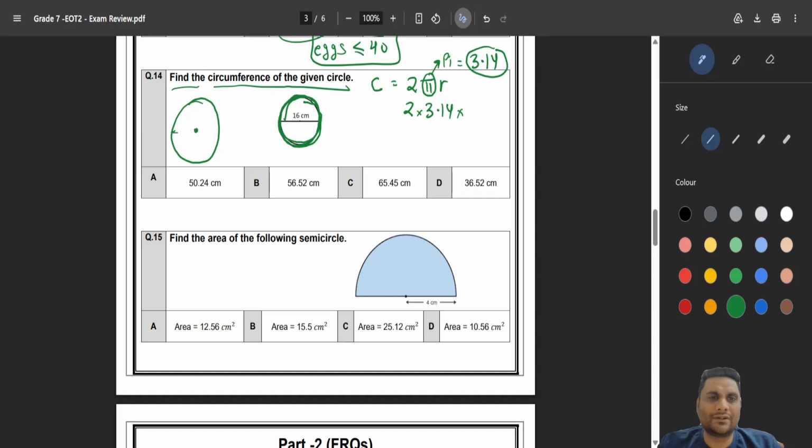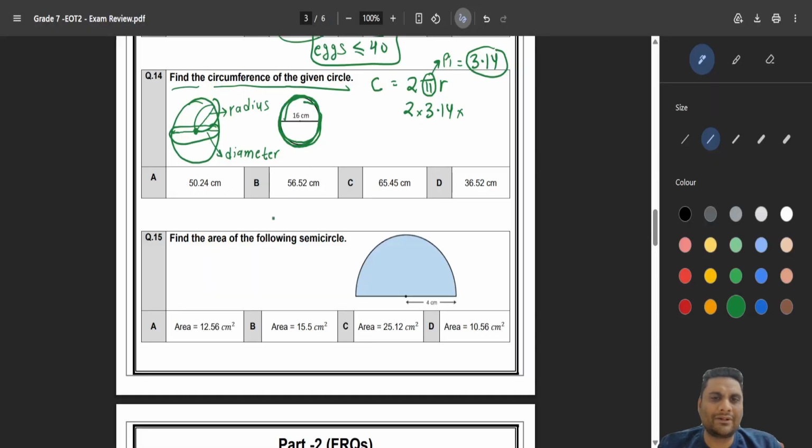If a line starts from the boundary, touches the center and goes to the boundary again, we call it diameter. What do we call it? Diameter. But if a line starts from the center and goes to the boundary only, this half line, we call it radius. What do we call it? Radius. As you can see here, the radius is half of the diameter, correct?